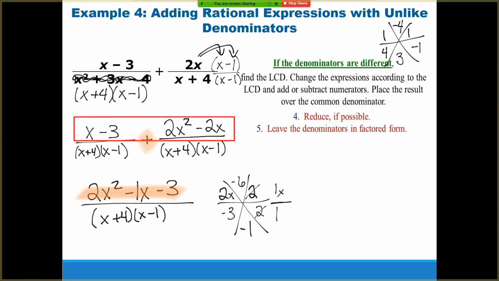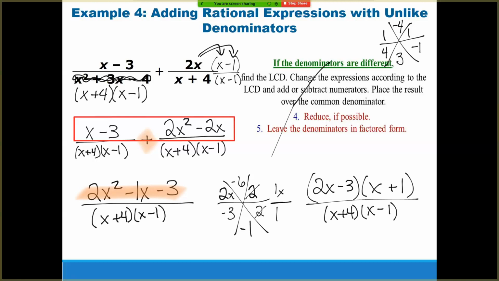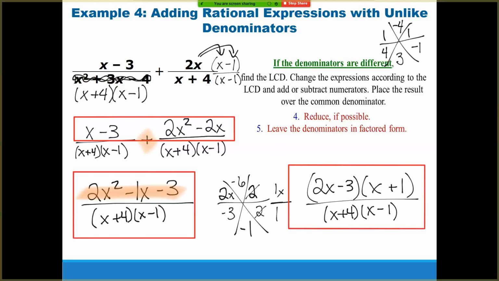So I have factors 2x minus 3 and x plus 1. I haven't touched my denominator, so x plus 4, x minus 1. Can I simplify anything? No. So since I can't reduce, you can give me this answer or this answer since it didn't reduce. But you must check to make sure that it doesn't reduce.